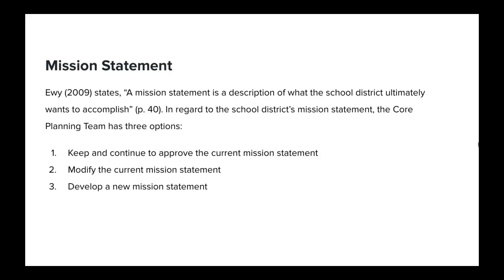They can choose to modify the current mission statement, or they can completely deviate from that and develop an entirely new mission statement. So this is that first piece of looking at the development of the mission, and the core planning team truly just has full autonomy over this.